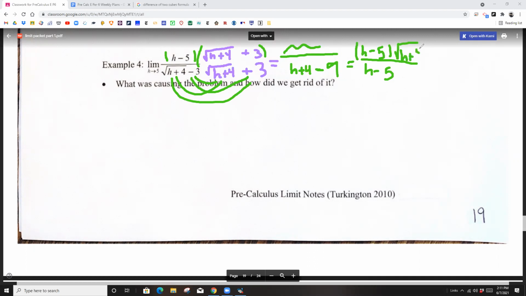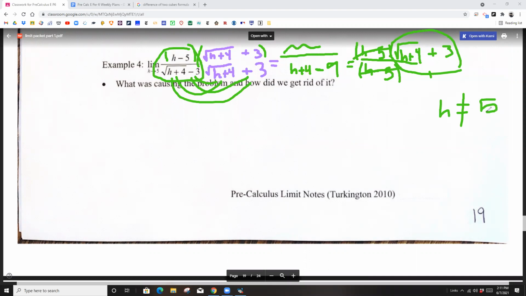So we keep it factored as h minus 5 times root h plus 4 plus 3. All right. And then now these will just cancel out. Bang, bang. And now we see that this is equivalent to this as long as h does not equal 5.